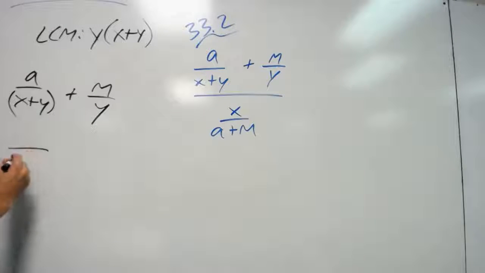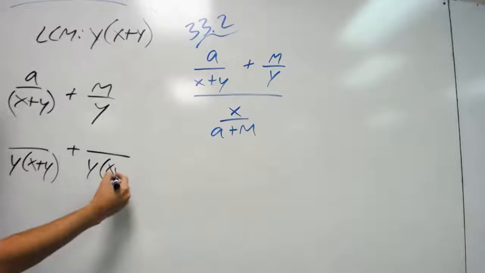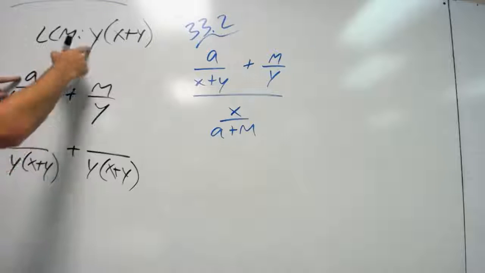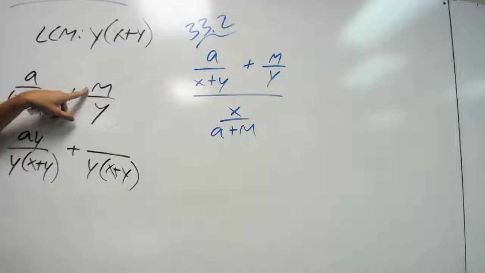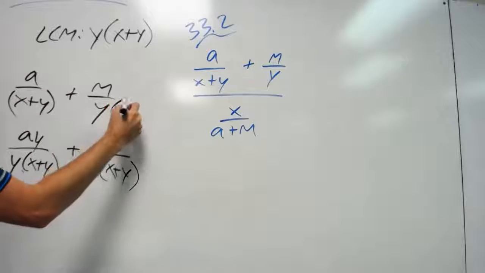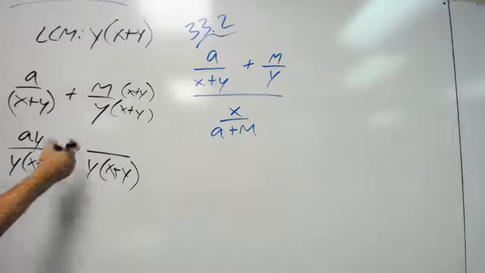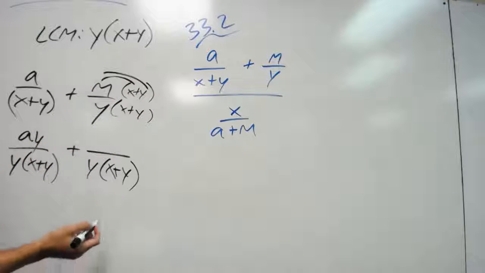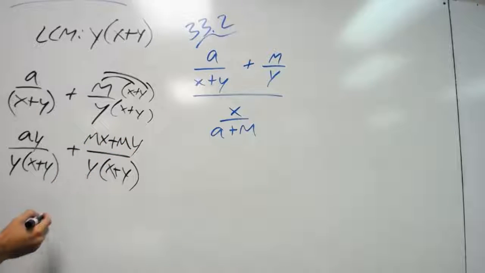So now we do y times x plus y on both of their denominators, and we see what each one was missing. A was missing the y, so all you've got to do is multiply a times y. The m was missing the x plus y, so we have m times x plus y, and we distribute: mx plus my.